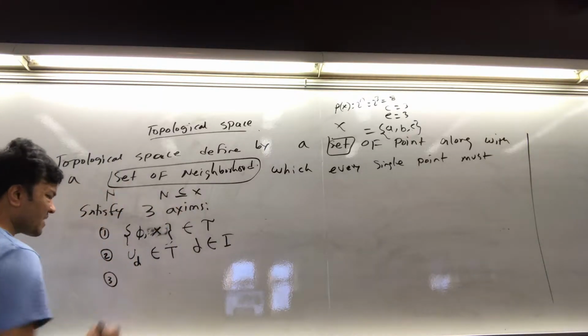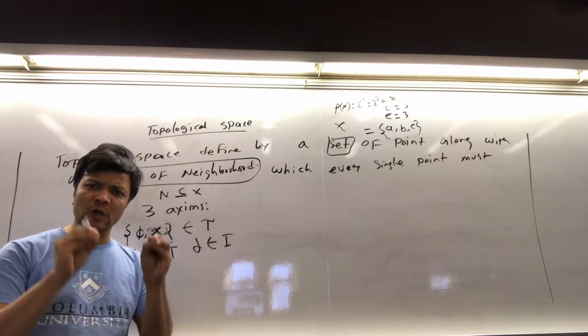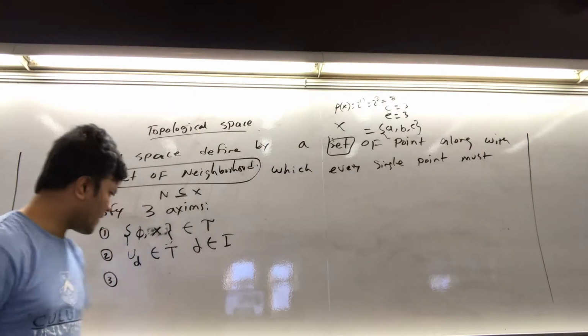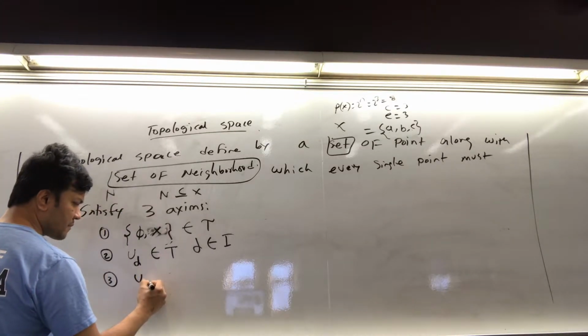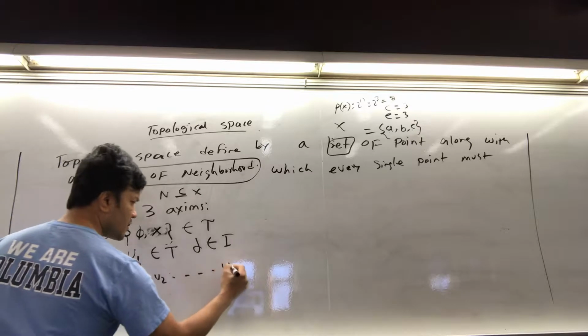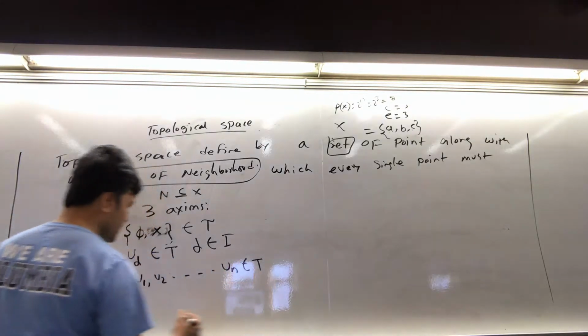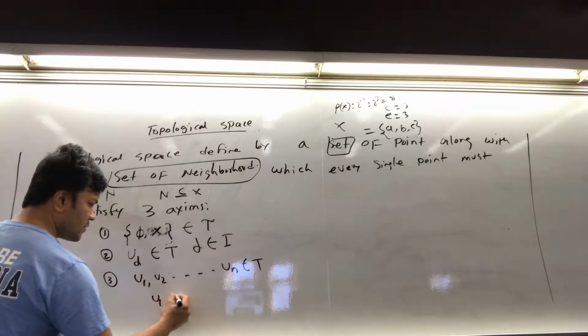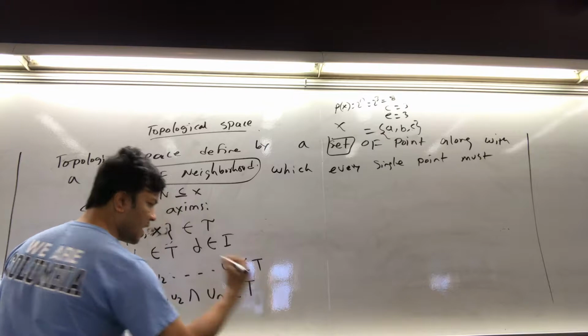Number three, the intersection of all the sets must be in tau. So if U1, U2, ..., UN are in tau, then U1 intersection U2 intersection ... intersection UN must be in the tau.